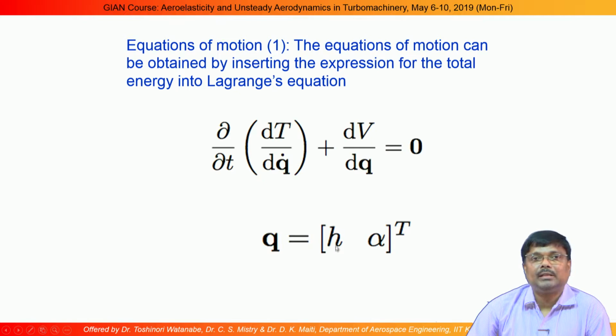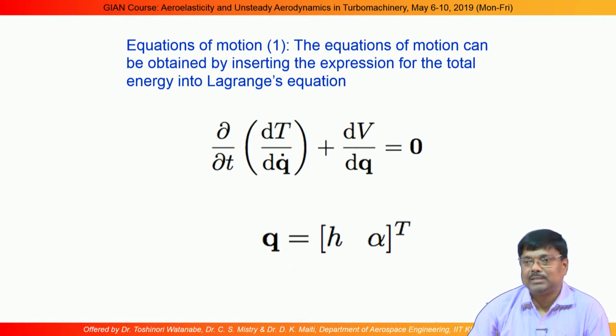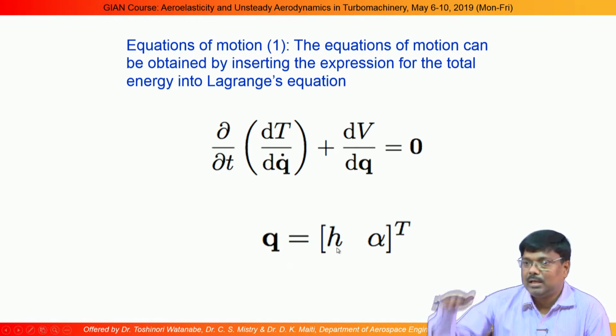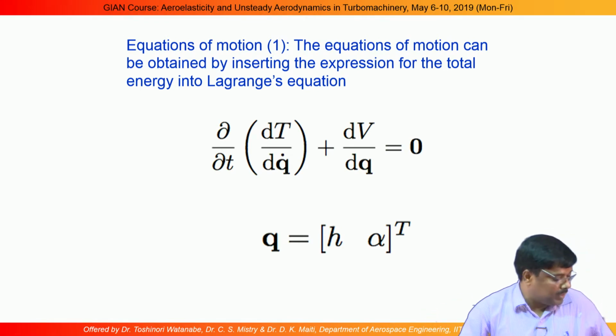And here the 2 degrees of freedom, whatever we have considered, q, I am saying the displacement vector, the 2 deflections. One is the h, the plunge motion, and the alpha is the rotational motion. These are the 2 degrees of freedom we have considered here.